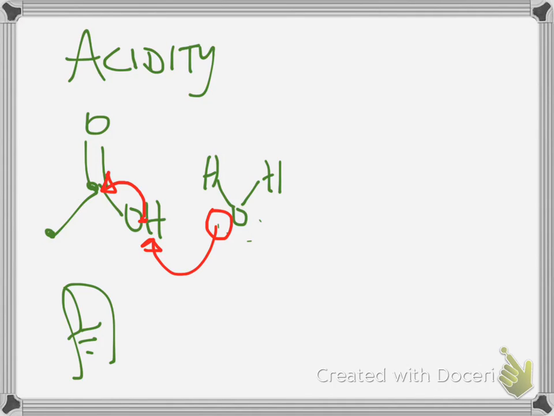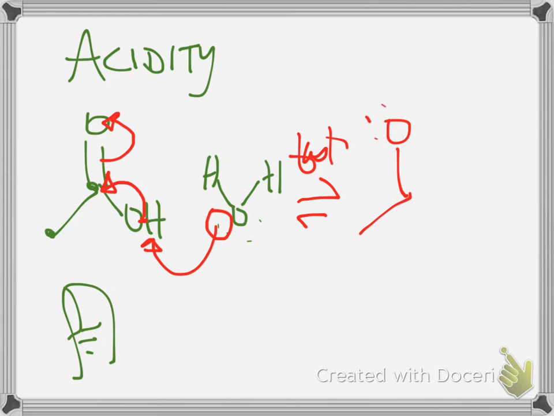Something has to break or leave, and we can break the double bond. This is definitely fast and reversible, so it's constantly happening. And we now have this anion, plus the hydronium ion from the water.